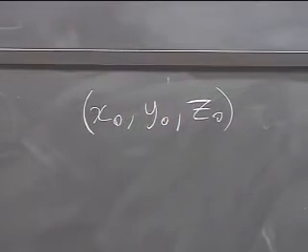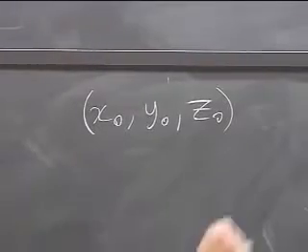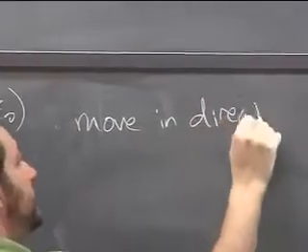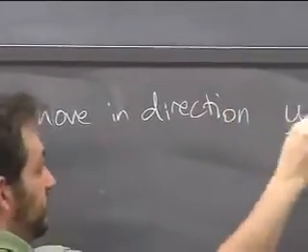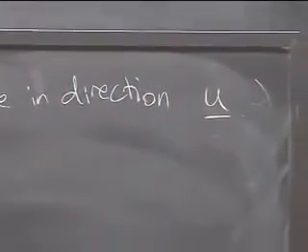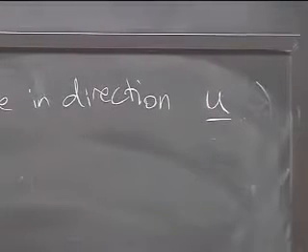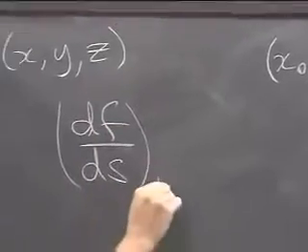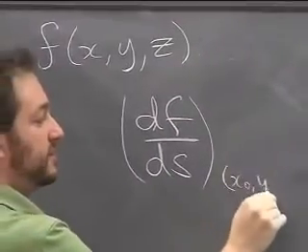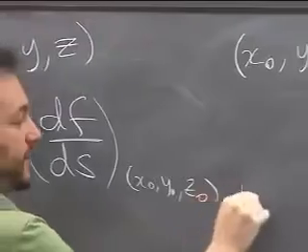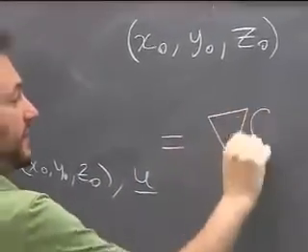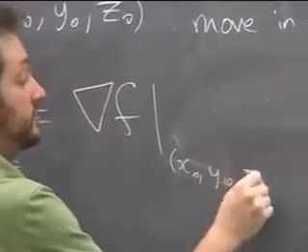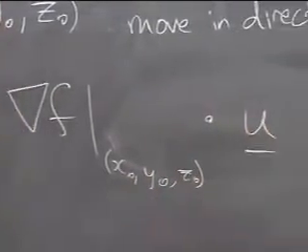Okay, you move in a certain direction with unit vector u. So the derivative, as we've seen, df/ds, the directional derivative at x0, y0, z0 in the direction of u is del f dot u. We looked at that right at the beginning of this class.